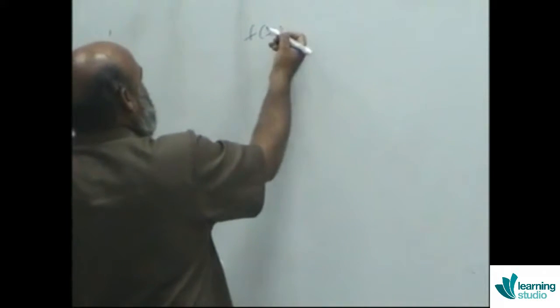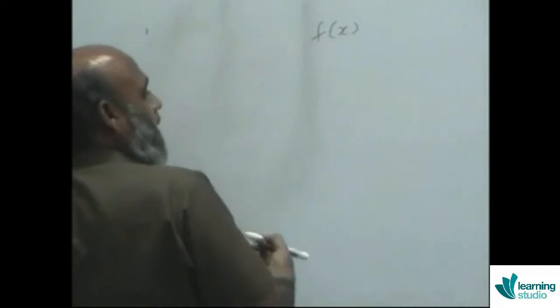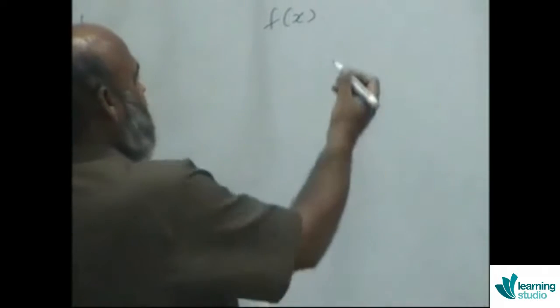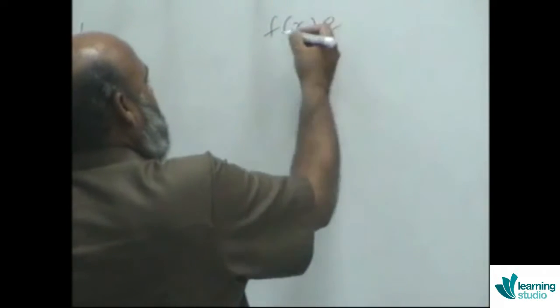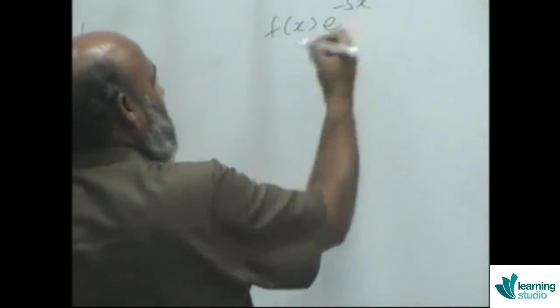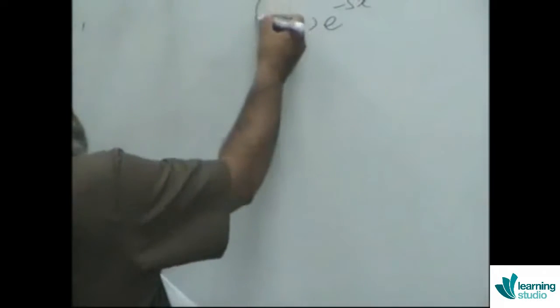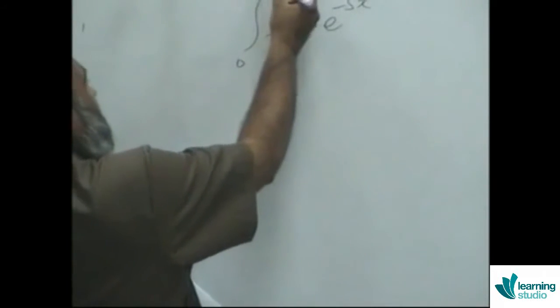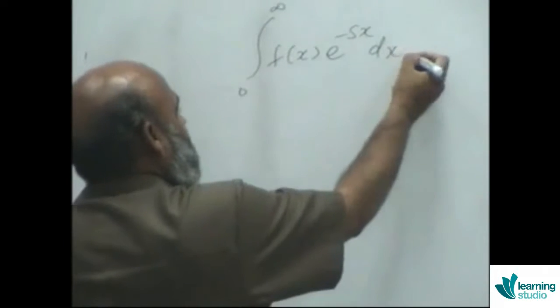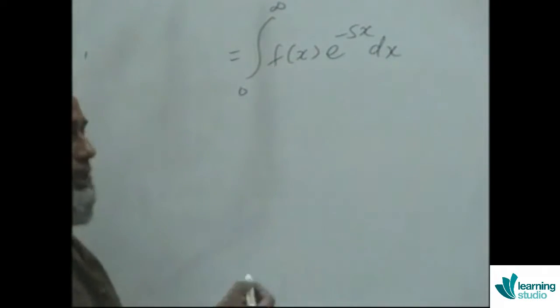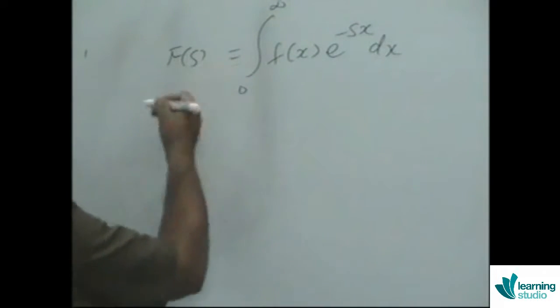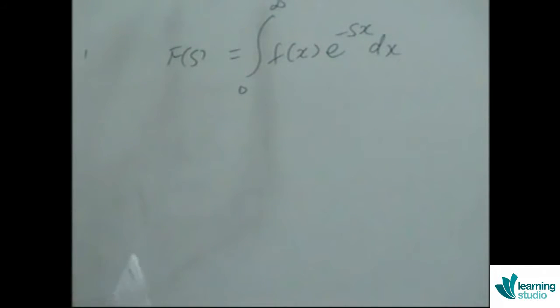For example, if we have a certain function f of x or f of t, then the Laplace transform is nothing but this function multiplied with this function, and then integrated from 0 to infinity over the variable x. What is left over is a function of s. Okay?